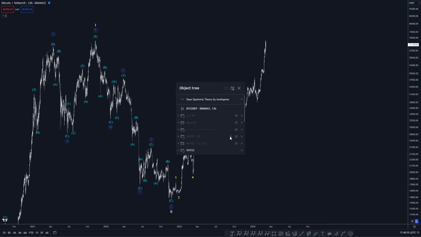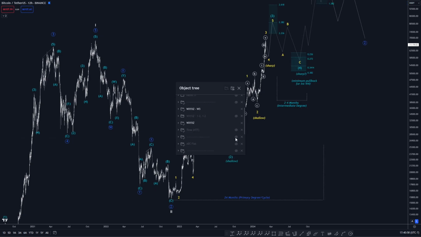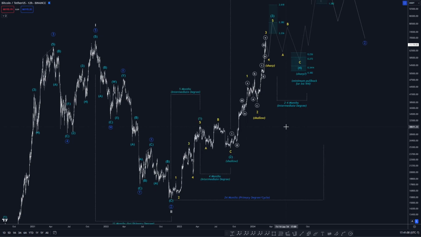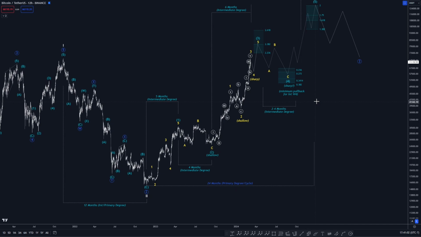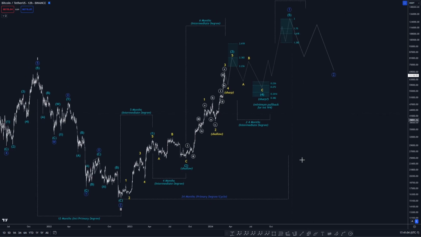So visually, this is what I'm looking at for this variation, if these legs are part of the same structure. Now, originally, I actually had this as a fifth wave ending here, and this wave 3 ending here.